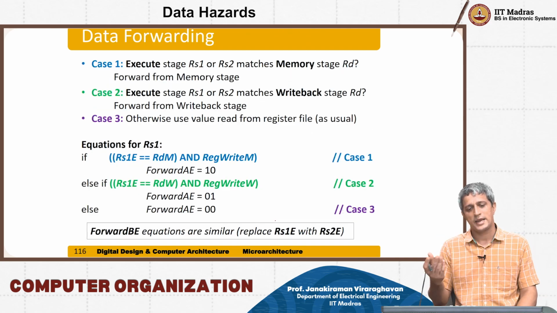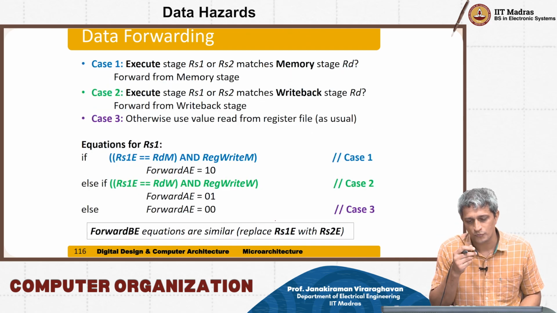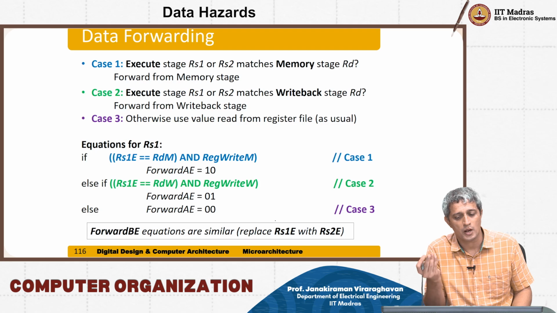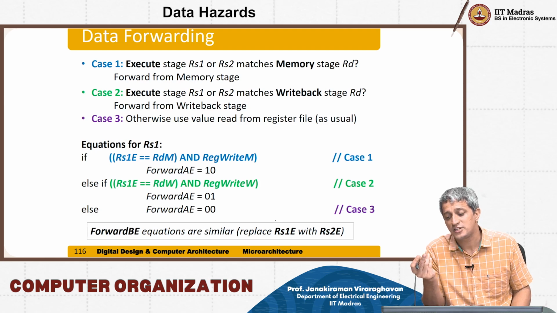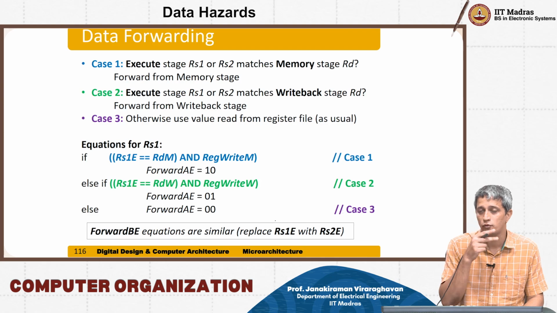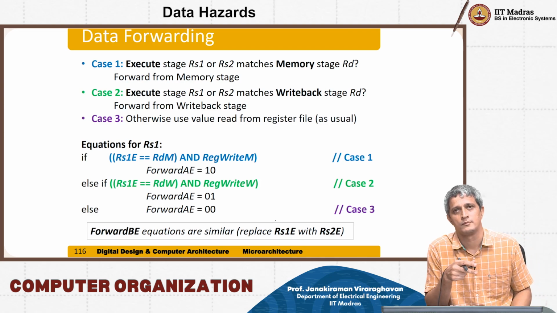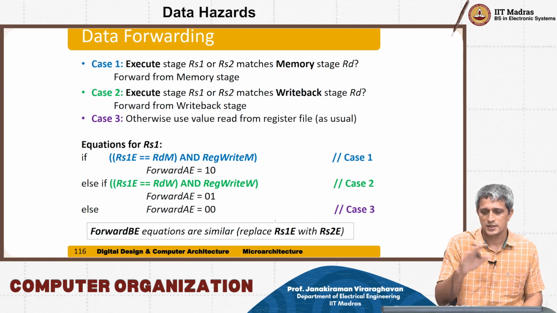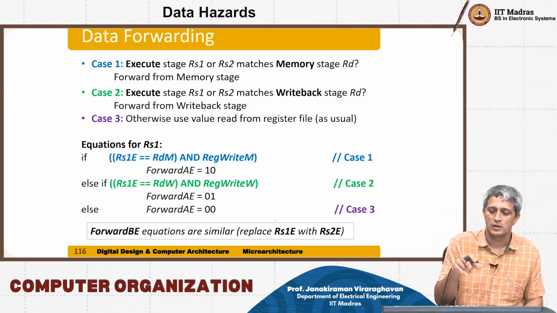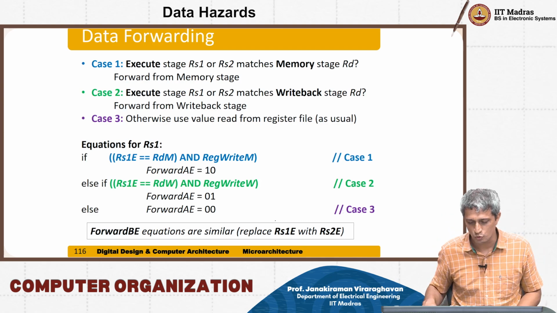So what are the cases of forwarding? Case 1 is when the execute stage source 1 register or source 2 register matches the memory stage RD, in which case you forward from the memory stage. So that's why you are checking RDM with RS1E and RS2E.